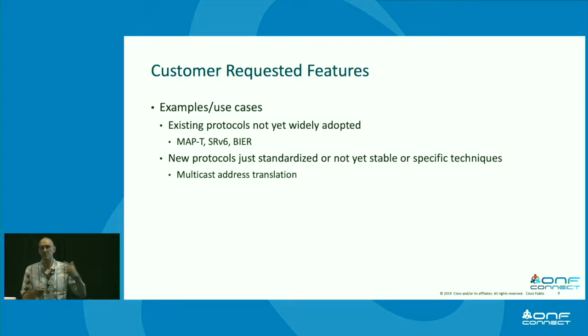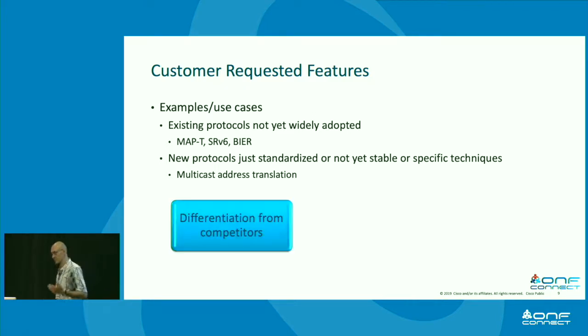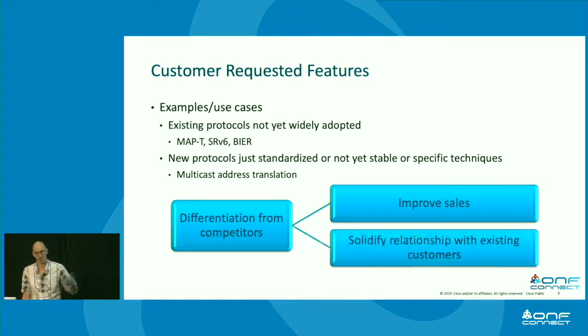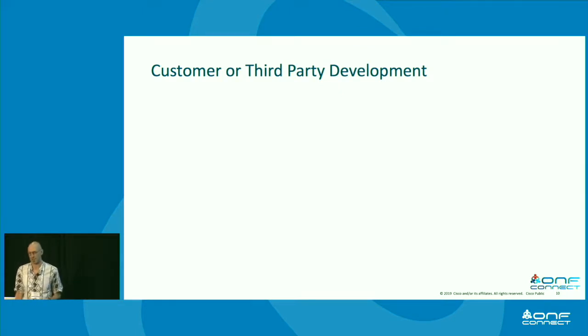For whatever reason, vendors did not implement them in their ASIC, but customers want them now, not in 2 or 3 years. And programmable switching systems based on programmable ASIC allow vendors to support these kinds of solutions, differentiate themselves from competitors, and again, improve sales and attract new customers.